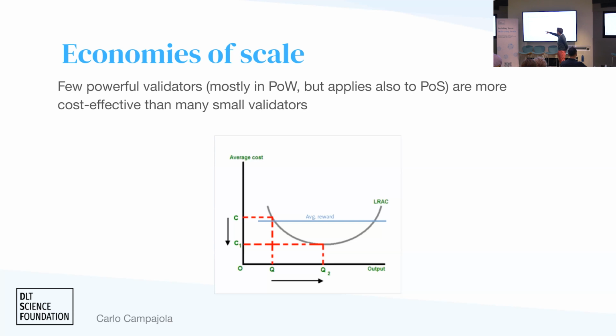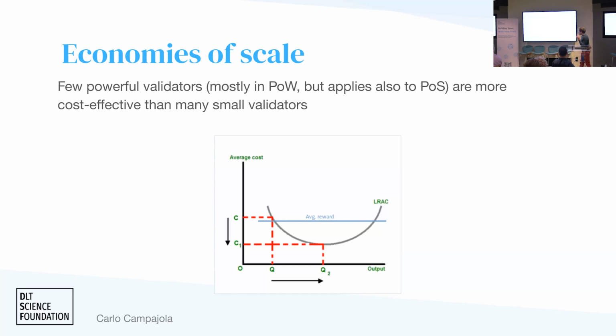And in Bitcoin, like any other early blockchain, the average reward that you get per unit output is constant. So no matter if you mine 1 block or 10 blocks or 100 blocks or 1,000,000 blocks, the reward per block is always the same, right?